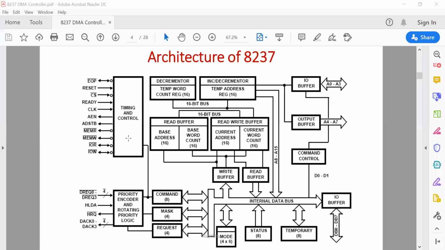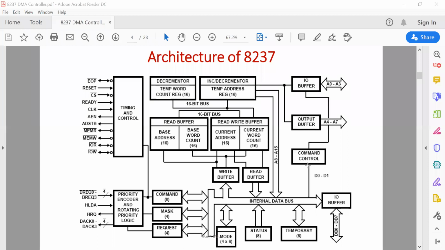So basically the timing and control block generates the internal timing and external control signals. The program and command control block decodes the various commands given to the 8237 by the CPU before servicing a DMA request.